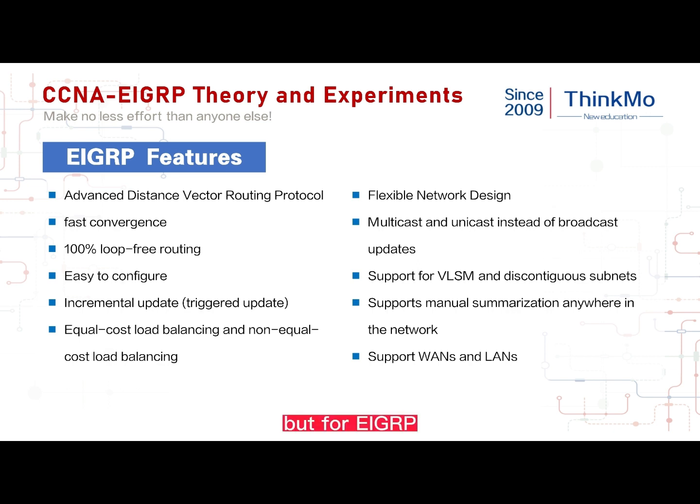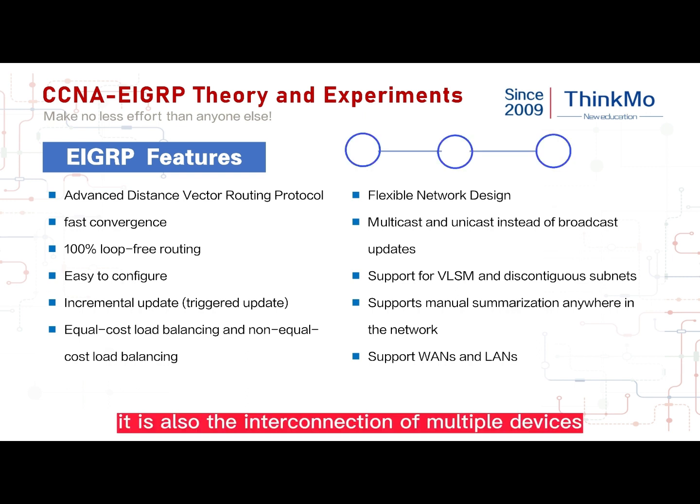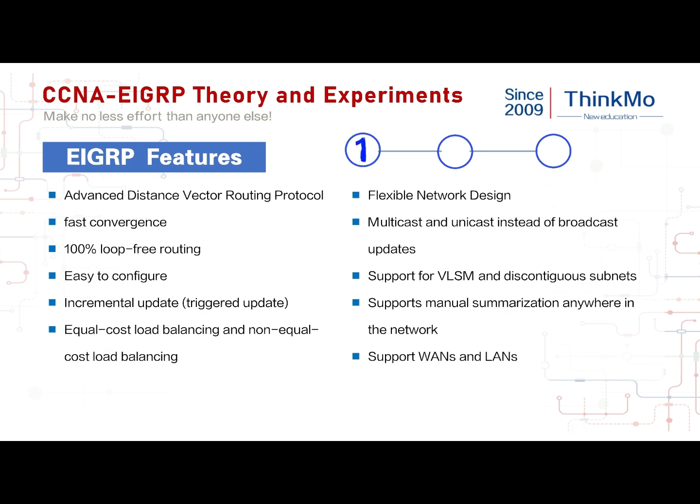But EIGRP is different. For these devices, it is also an interconnection of multiple devices. This is R1, this is R2, this is R3. After R1 calculates its own, it directly gives it to R2. Then R2 takes in R1's information.